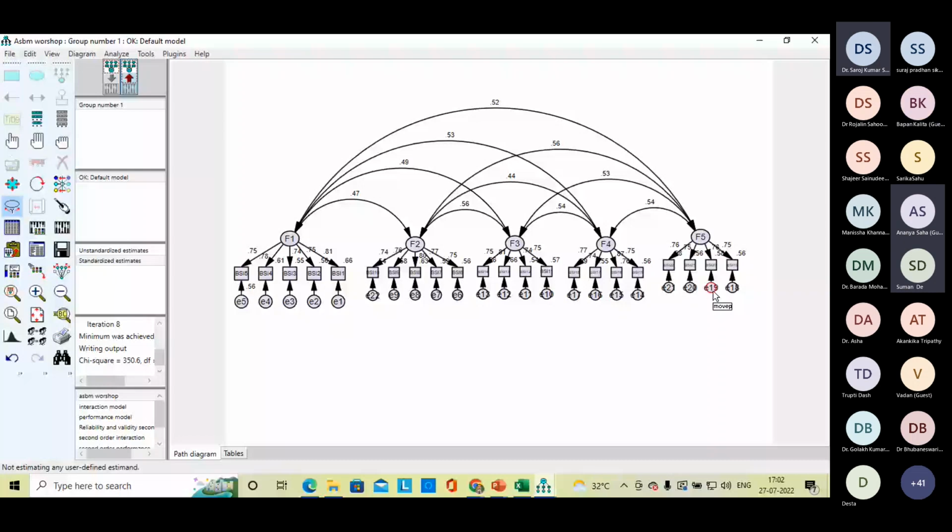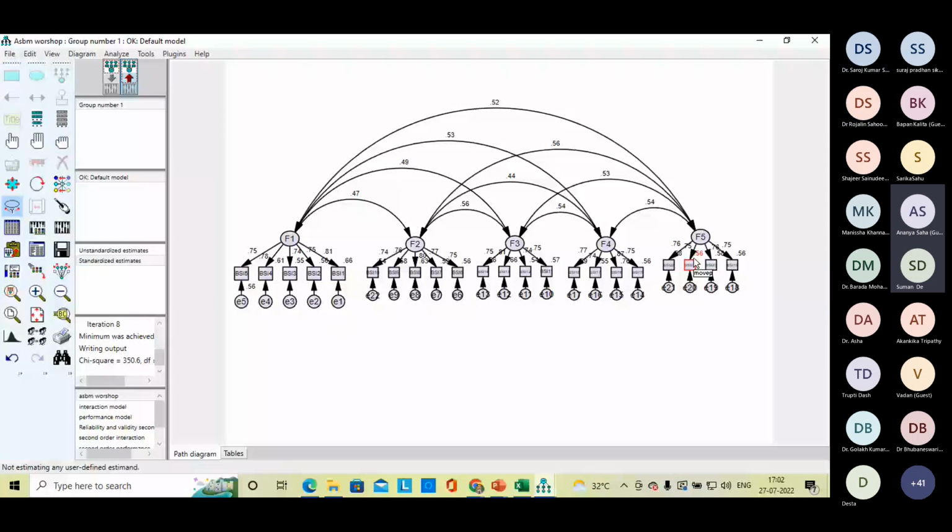Then coming to F5. Look here. BSI 22 on F5 is 0.76, plus 0.75, plus 0.75, plus 0.76, plus 0.75. If you can look at my screen, I'm moving the values.